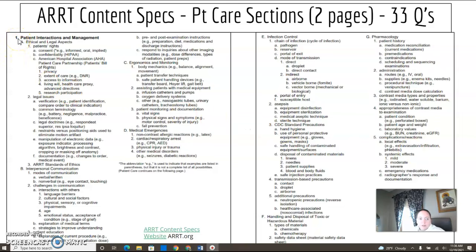So part 1 is patient interactions and management, and then I would focus on number 1, or letter A, ethical and legal aspects, and then follow through this list, and then start with number 2, which is legal issues. Number 3 would be standards of ethics. So if you're looking for a way to organize your studying, I would start how they have them listed and follow through those, all the way through to over here.